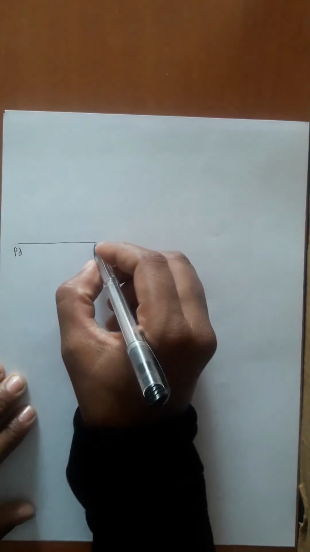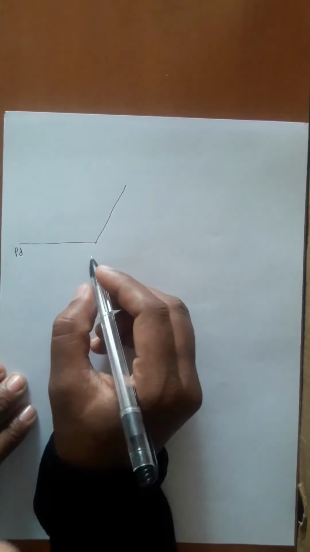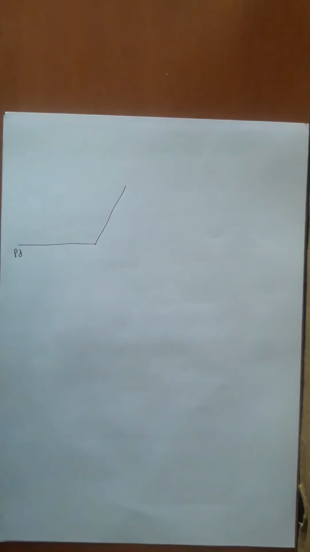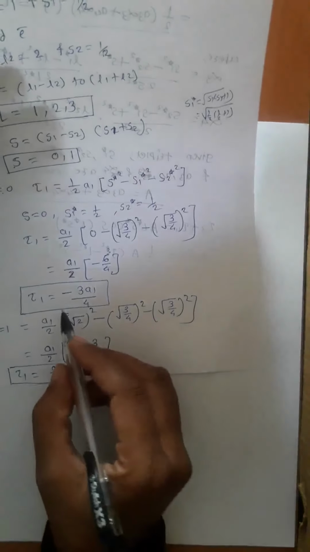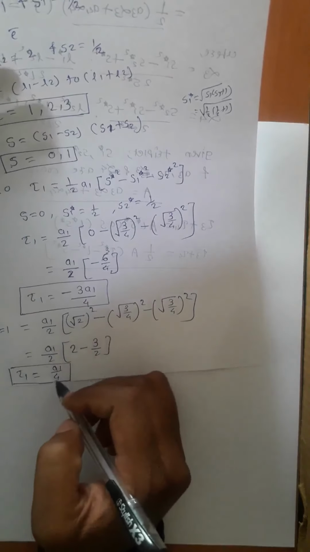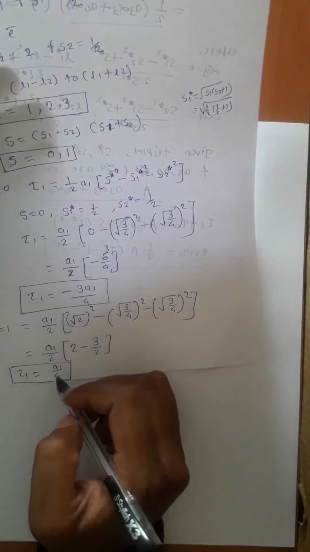For this PD configuration, for S is equal to 0 the term is 3a1 by 4, and for S is equal to 1 this term will be a1 by 4.